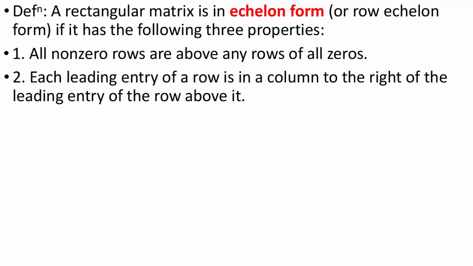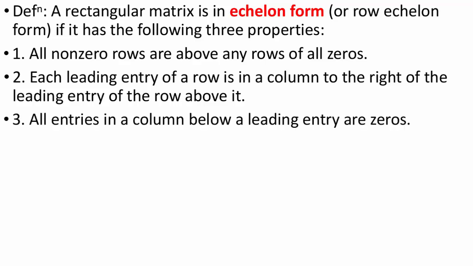Leading entry means the first non-zero element in the row. Third, all entries in the column below the leading entry are 0. If these three properties are satisfied by a matrix, then it is called a matrix in echelon form.